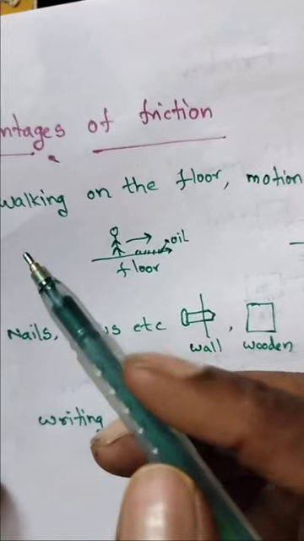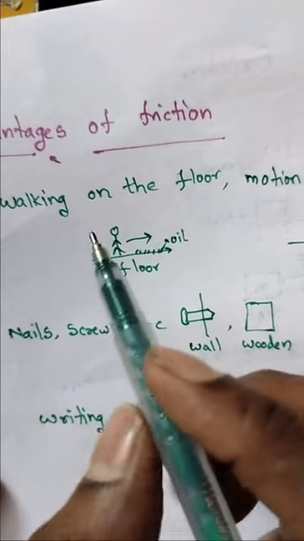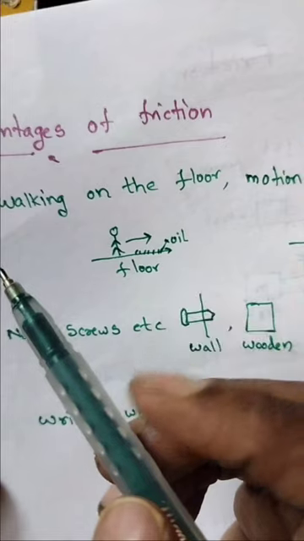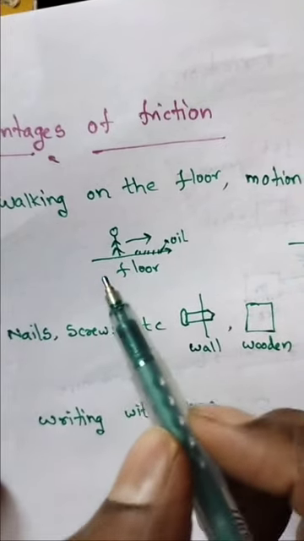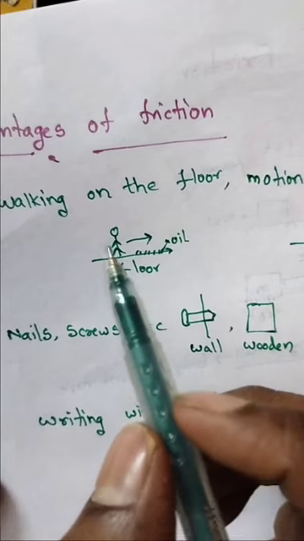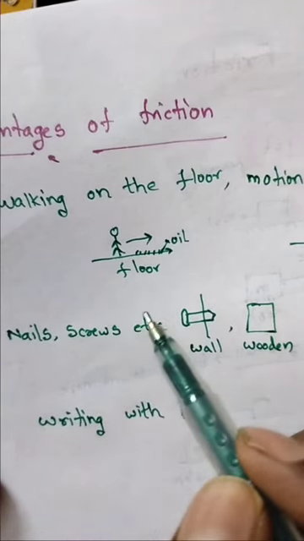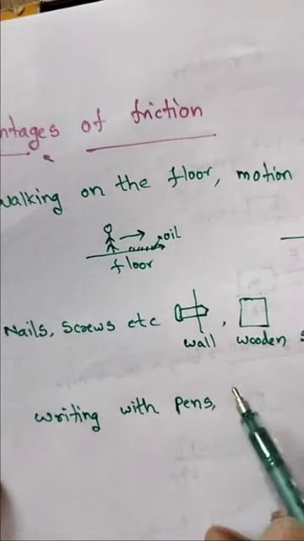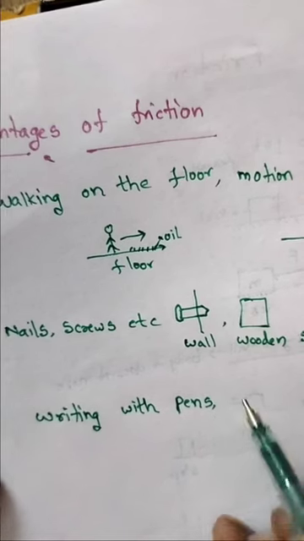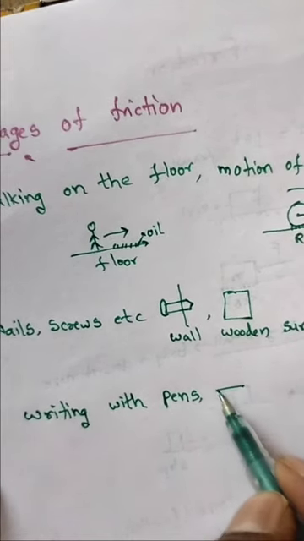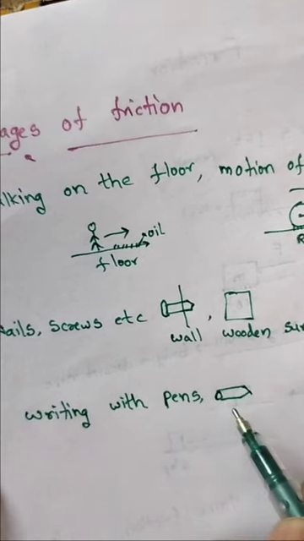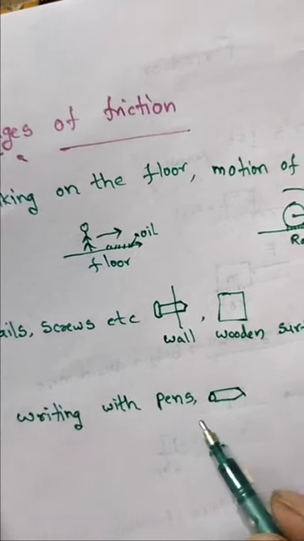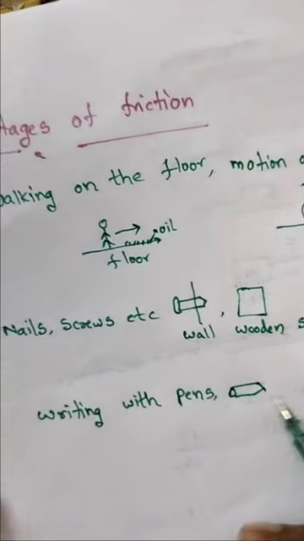Where my hand holds the pen, it is held very easily due to friction. Suppose it is very smooth, what happens? Writing is not easy. So writing with pens or pencils is possible due to friction.